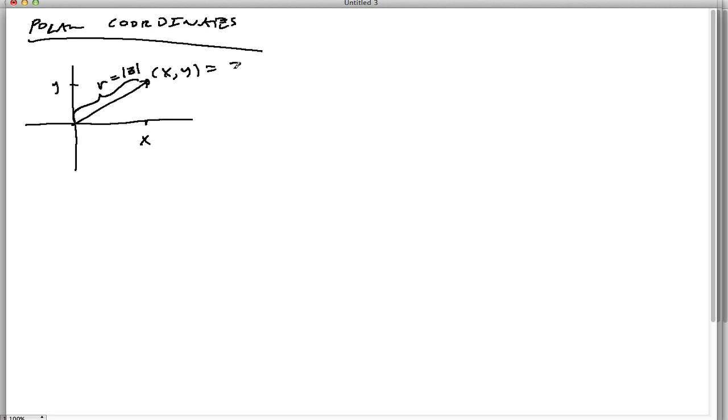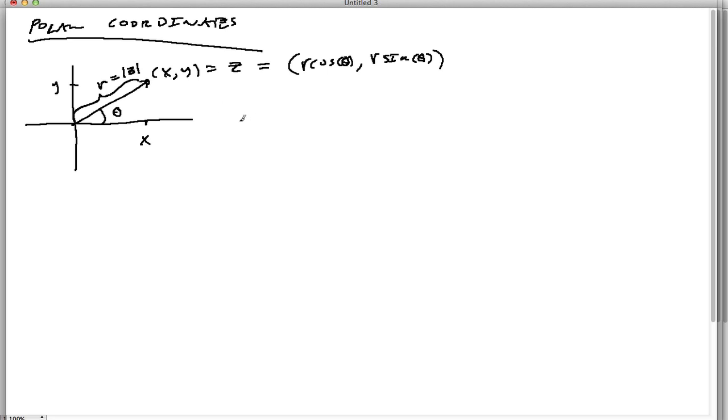And also the angle, theta. Okay, so if we write it as a vector, we can always write it as r cosine theta, r sine theta. Okay, so that's pretty straightforward.